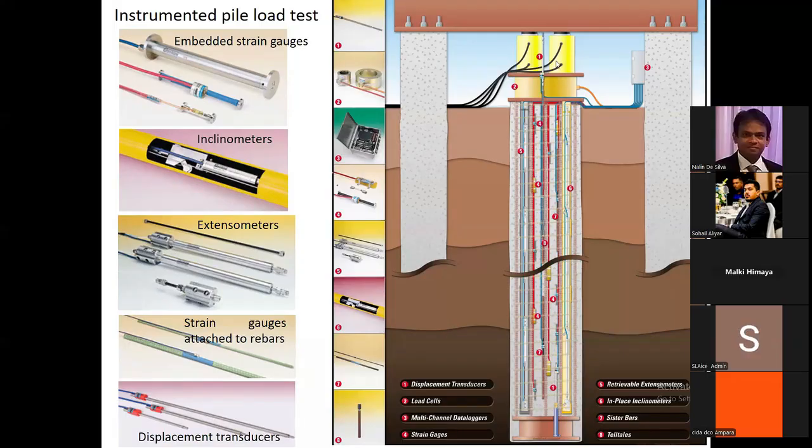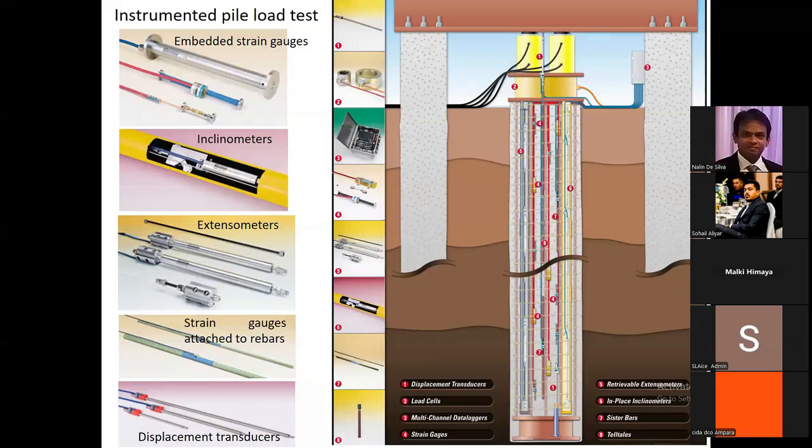Once you conduct the test, at each strain gauge level, it is measuring the strain. If you know the strain difference at different levels, you can convert the difference in strain into a force by using Hooke's law: stress is equal to elastic modulus times strain.